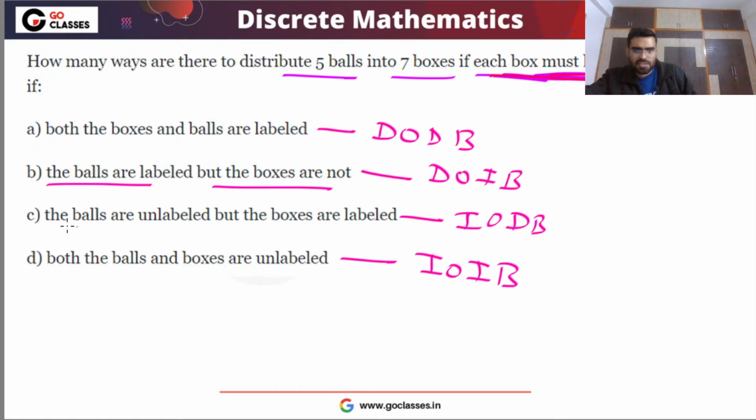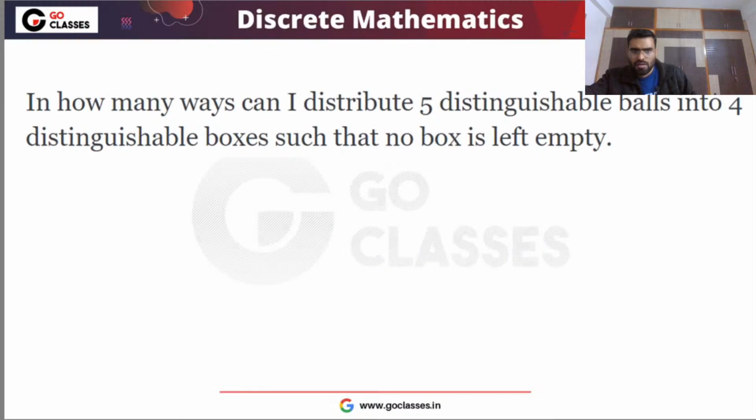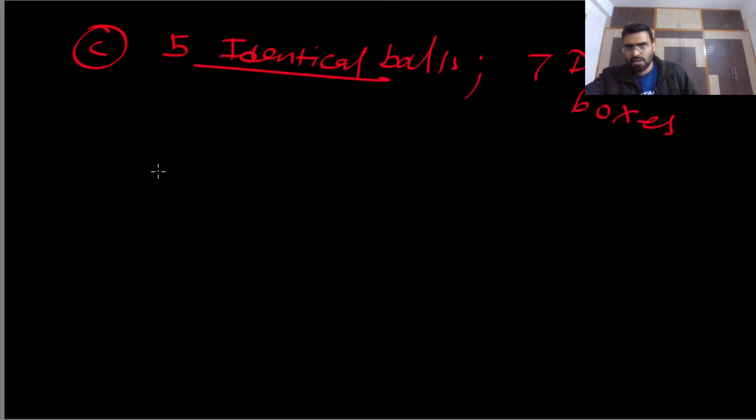And what is the answer for this? The balls are unlabeled, the boxes are labeled. So basically you have five identical balls and seven distinct boxes. Your boxes are distinct, but balls are identical. Now how many ways are there?